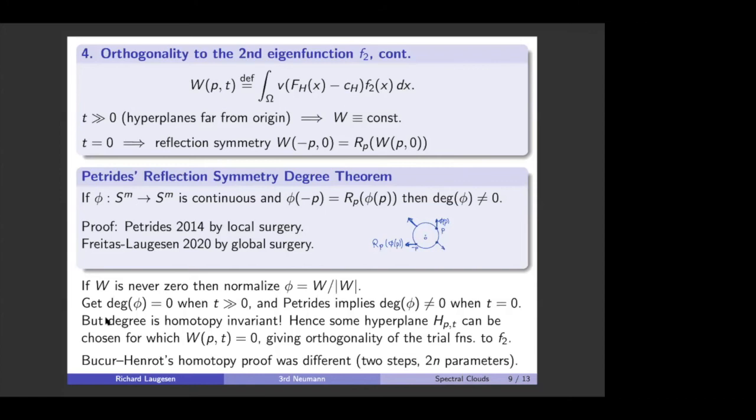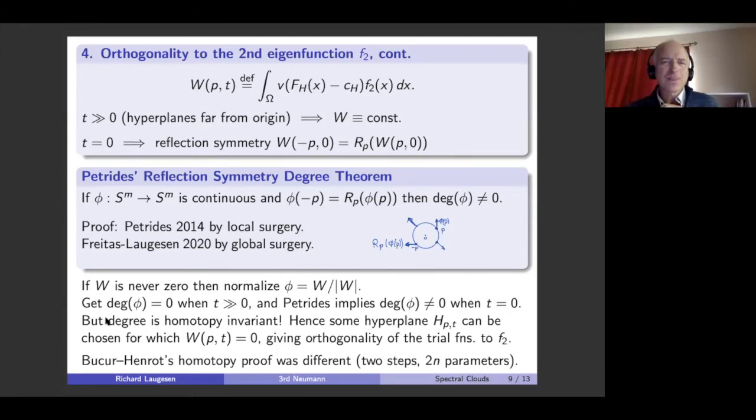And basically what Petrides is doing, it seems like Petrides knows about it, but he doesn't say it. What his argument amounts to is some sort of density argument to show that a continuous map is always close to a non-degenerate smooth map. Right, approximate or something, yeah. Oh, that's good. I'm very far from knowing much about degree theory, so that's a very helpful tip. Thank you.